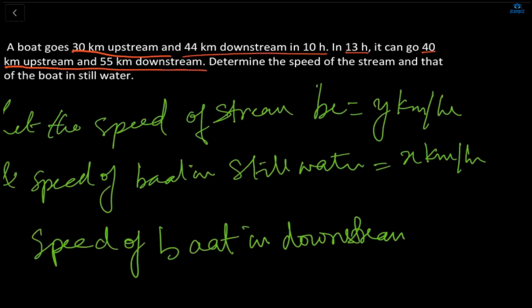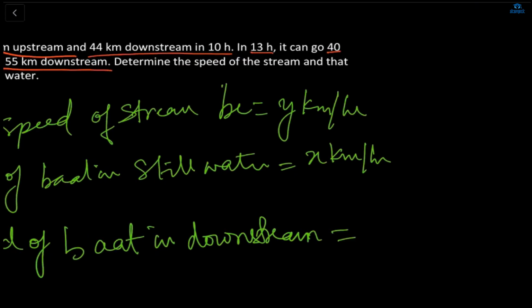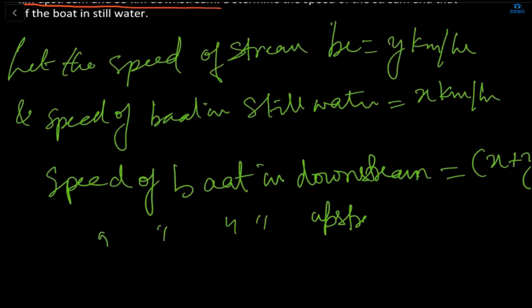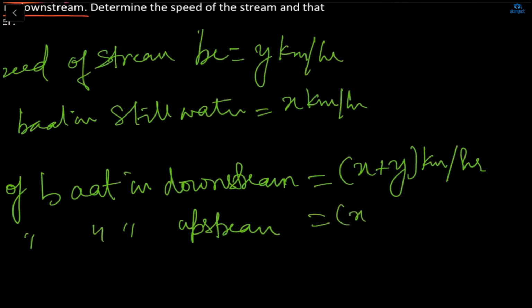Speed of boat in downstream, it will be what? Speed will be added. So x plus y kilometer per hour. And speed of boat in upstream will be x minus y kilometer per hour.